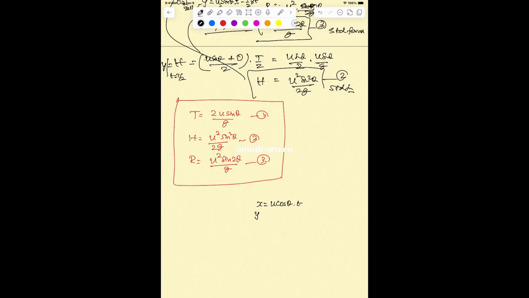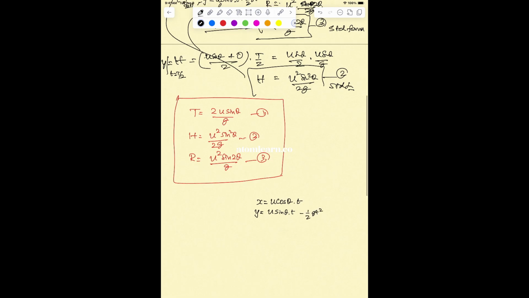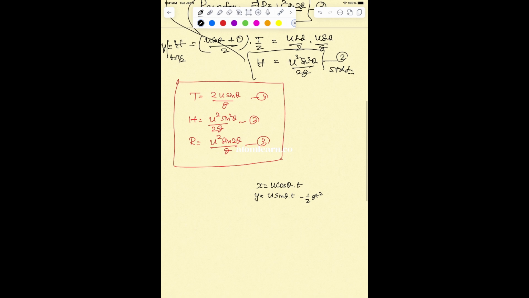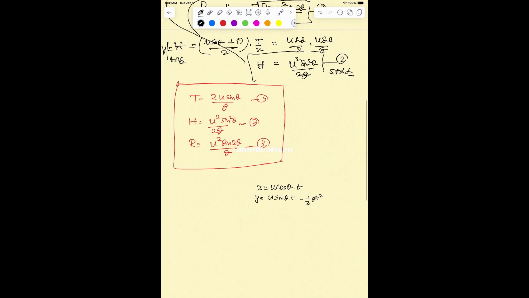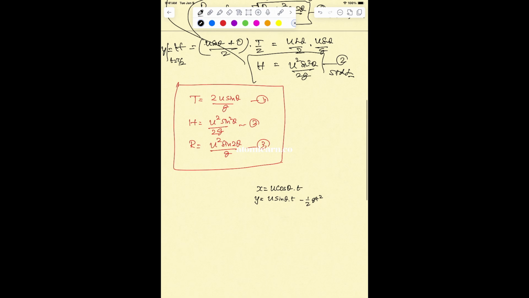Whereas the vertical displacement y at any time, by the constant acceleration formula, with initial velocity along the y direction being u sin theta, is u sin theta t minus half g t squared. Now I am trying to get the parabola equation, that is the path equation which the projectile takes.